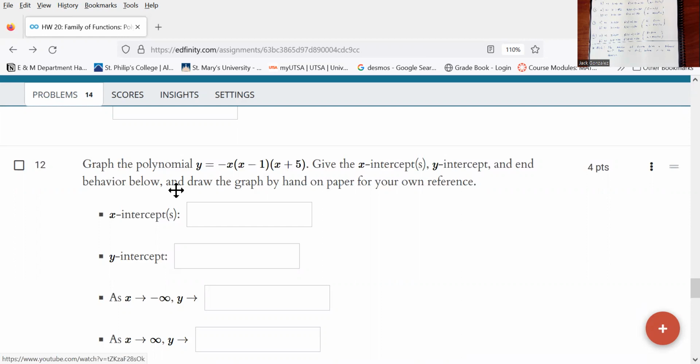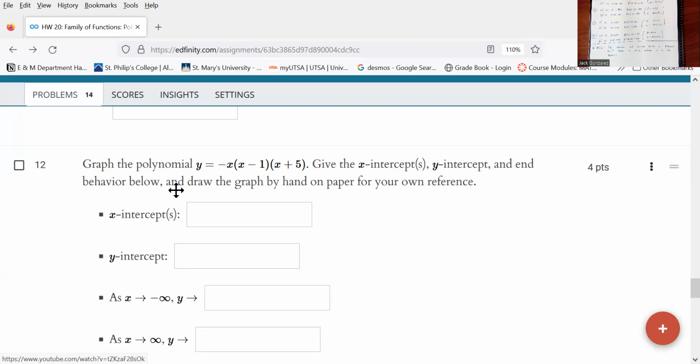Yes. The highest degree is the most number of zeros you could have, but it's not guaranteed to be that many.